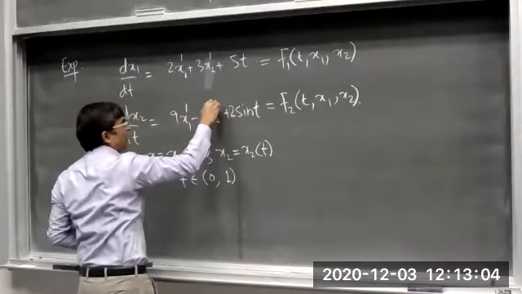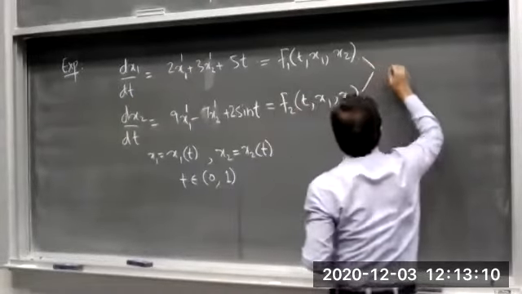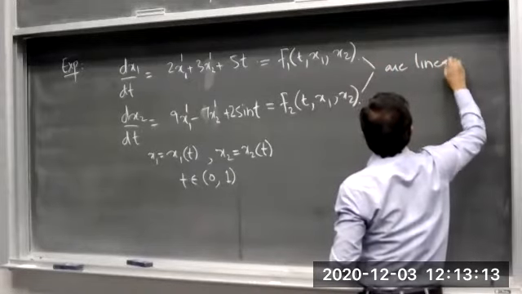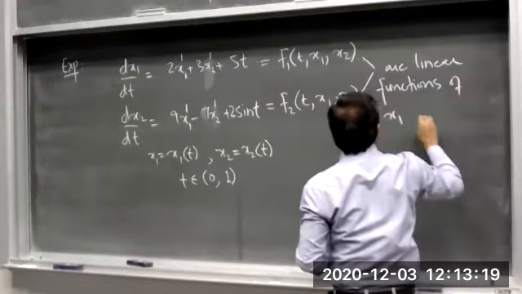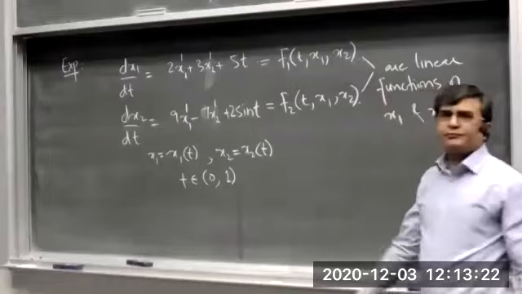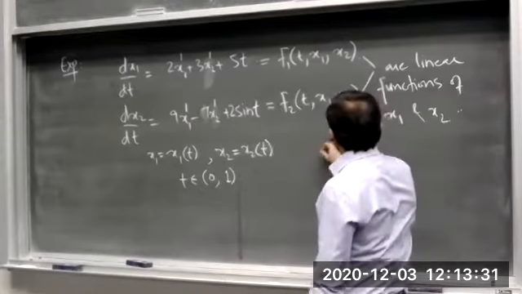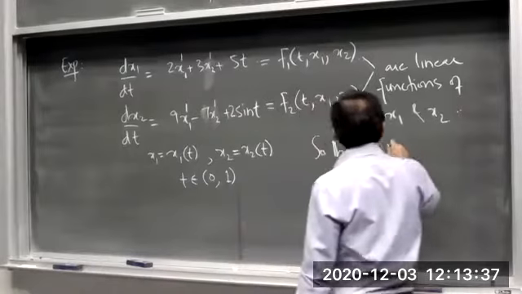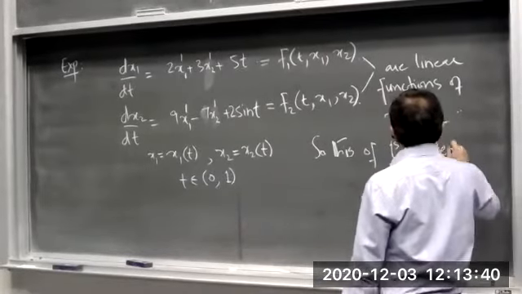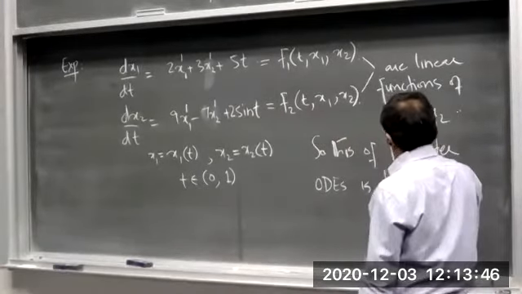So the right hand side, meaning f1 and f2, are linear functions of x1 and x2. So this system of first order ODEs is linear.